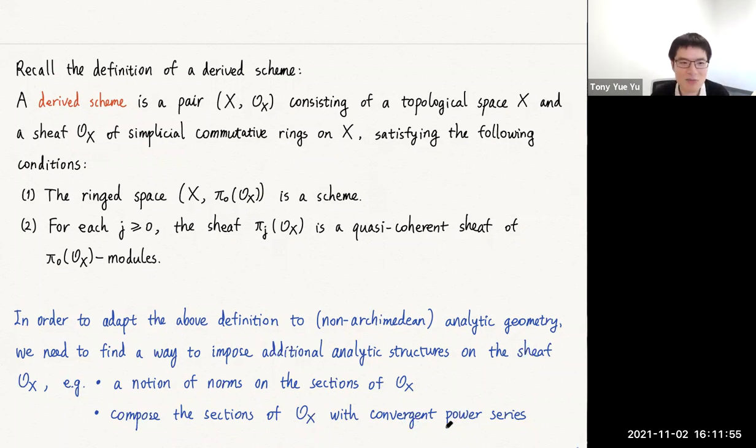These are the operations that we should be able to do in analytic geometry, but they are not provided in this definition of derived scheme. So we would like to put additional analytic structures there.